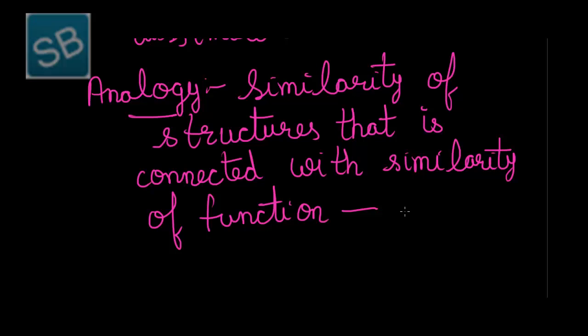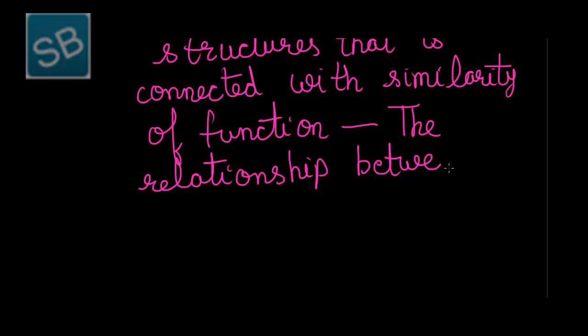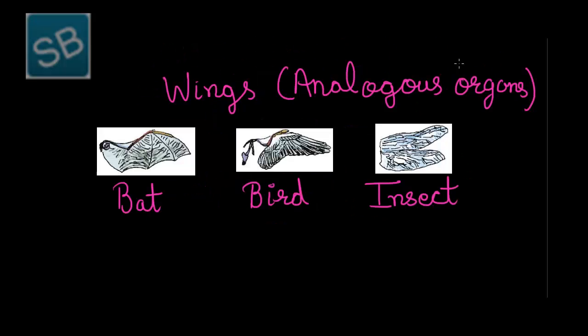Or in other words, it can be defined as the relationship between analogous organs. Examples of analogous organs include the wings of bat, bird and insect, which appear superficially similar but anatomically are different.